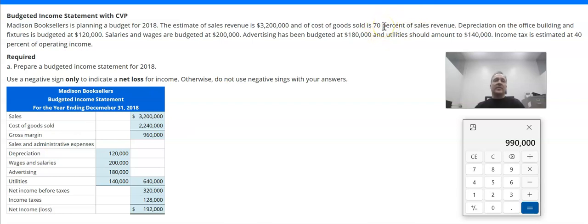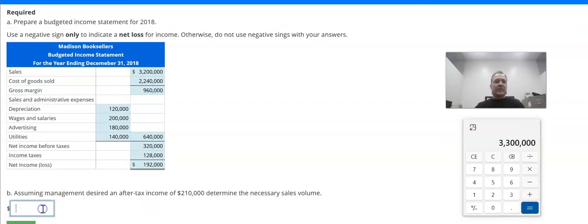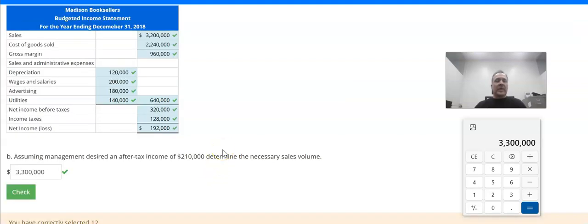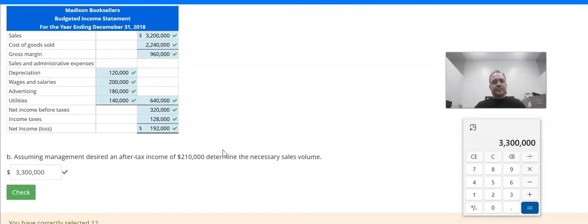So 1 minus 0.7 is 0.3. So all we do then is divide by 0.3. We get 3.3 million, and this is probably going to be a correct answer because we already acknowledged that our answer was something more than 3.2 million. So if this is, okay, it is right. I knew it was going to be close, and fortunately, that worked out.